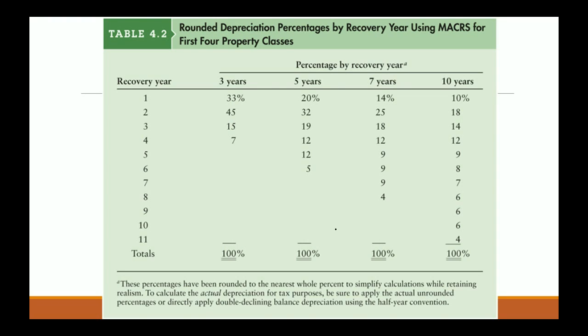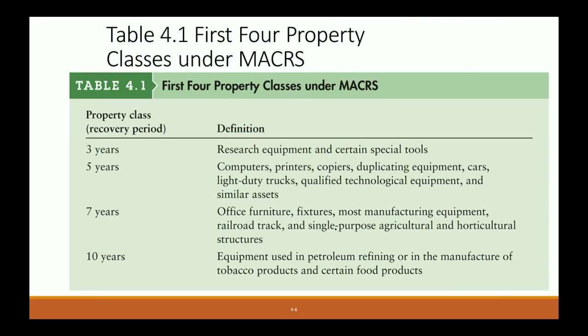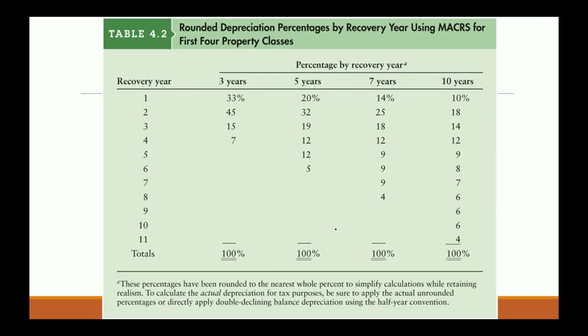So once we've determined our property class, so our recovery period, how long does it take us to charge off the expense of the asset, we are able to calculate depreciation by year.